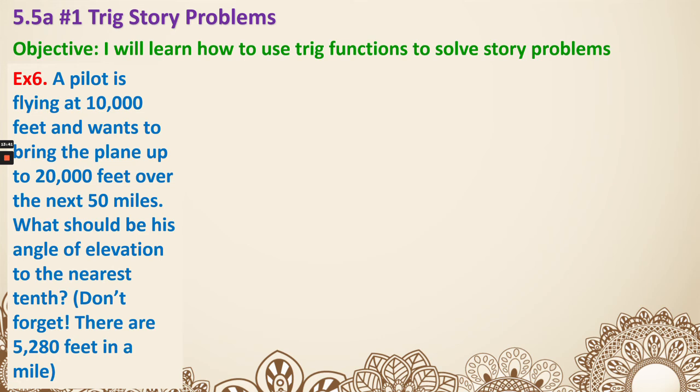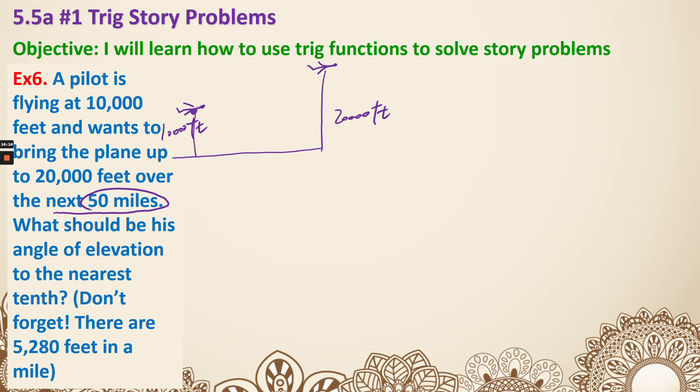So let's say this is the ground, and at first the plane is 10,000 feet up, and then eventually the plane wants to be 20,000 feet up. And it's saying it's going to change that over the next 50 miles.